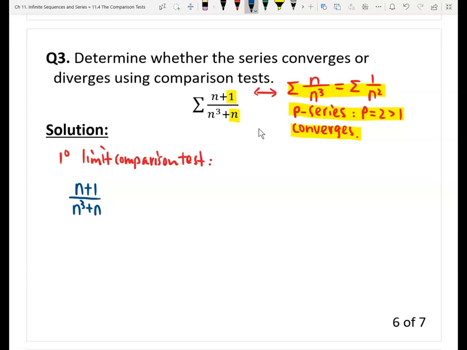So this is our series, divided by the comparable, which is 1 over n squared. And we're going to see the limit. If you multiply by n squared, flip, which is n raised to the third power plus n squared, right? And over n raised to the third power plus n. Okay, and then divide by n raised to the third power, both numerator and denominator.